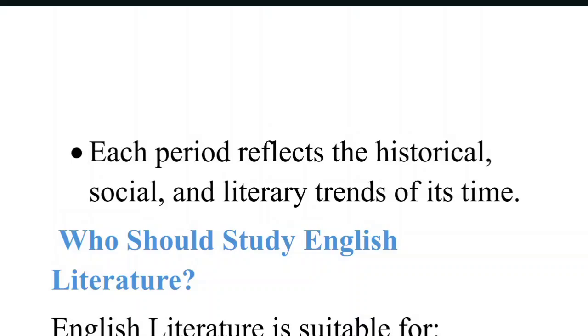If we study one period, we can understand the history of that period, the historical conditions and events that happened during that period, and also how the society was, what the conditions were, what the thinking of the writers was, and what the literary forms, structures, and themes used during that period were. We'll understand everything if we study each period.